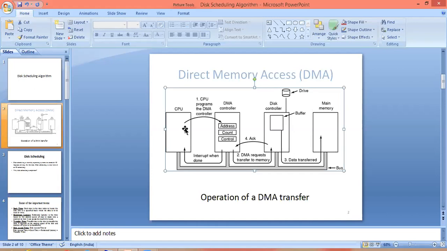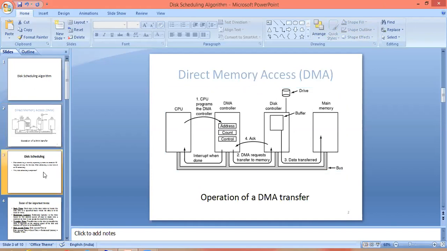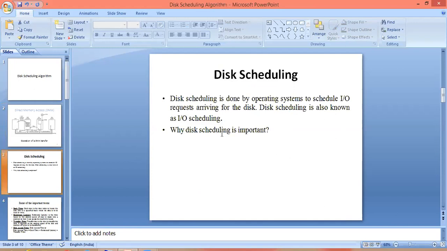That CPU request is forwarded to the DMA controller, and the DMA controller forwards it to the disk controller. But the disk controller executes one request at a time, so all other jobs reside in a queue. To schedule the jobs residing in the queue, a disk scheduling algorithm is used. Hope it is clear why disk scheduling is important.